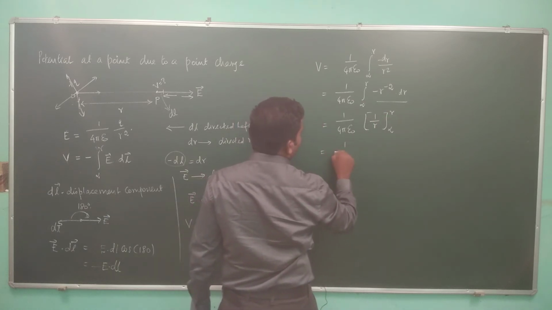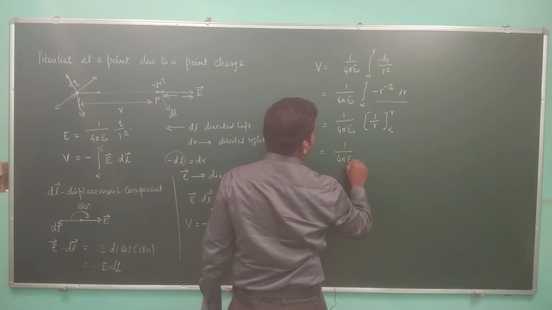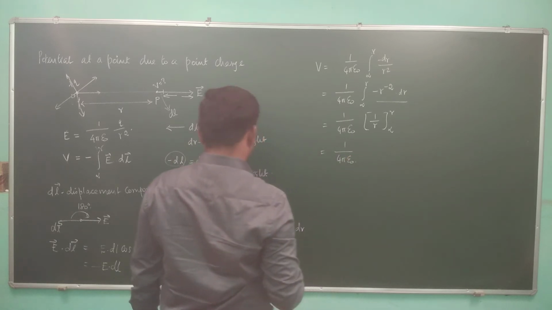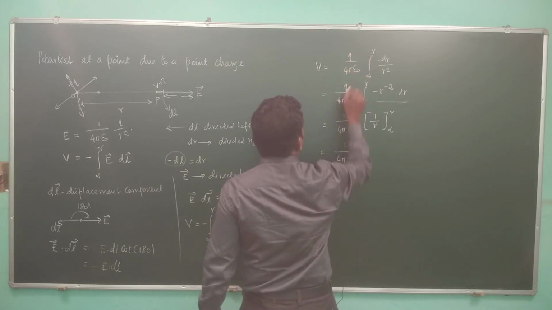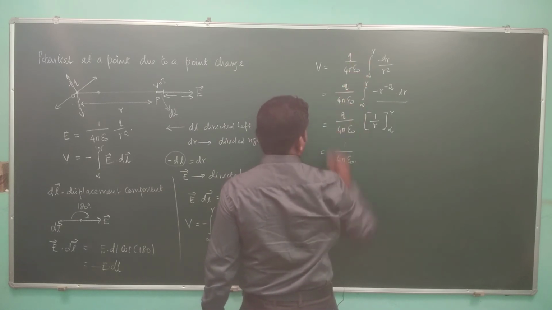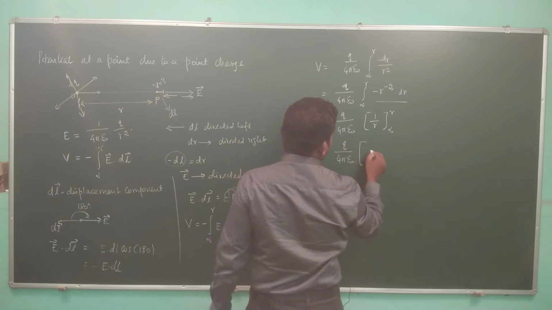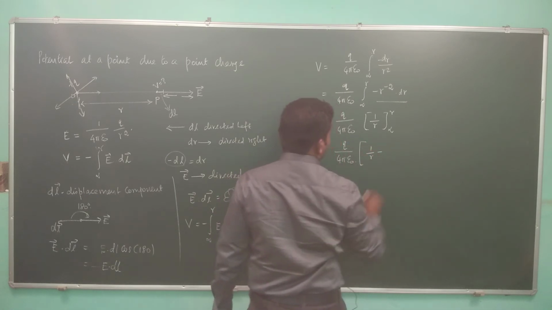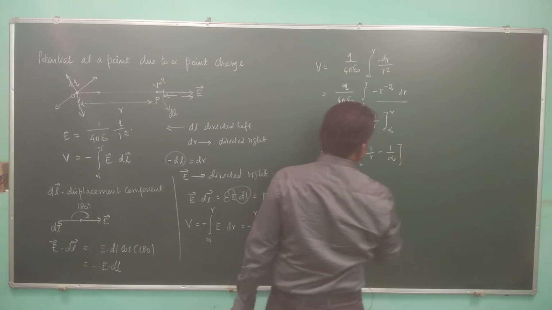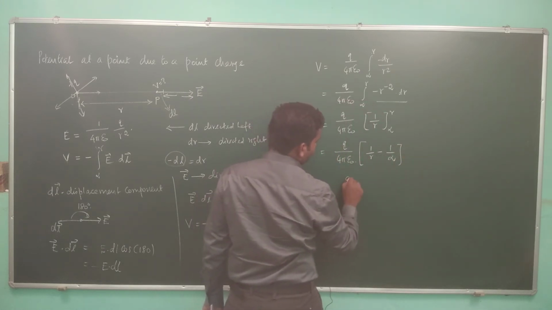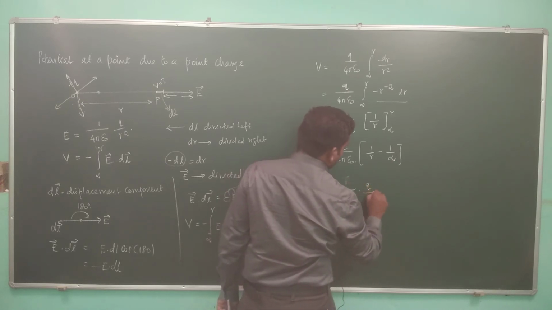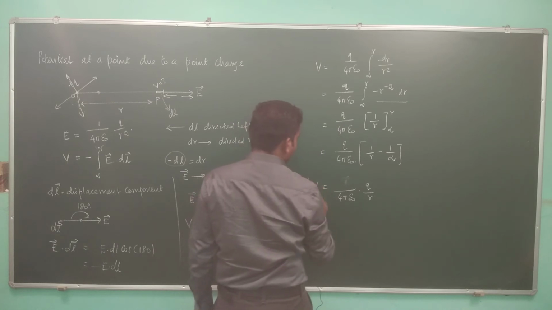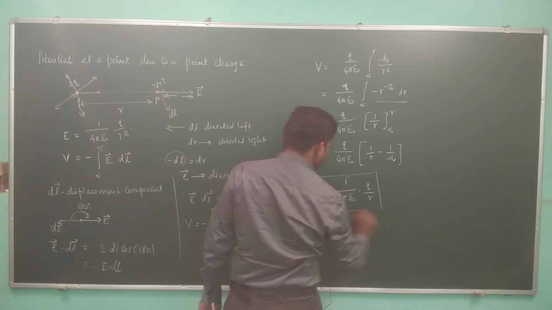We have missed this q, so here there is a q by epsilon naught. So it becomes 1 by r minus 1 by infinity, that is 1 by 4 pi epsilon naught q by r, which is equal to the potential.